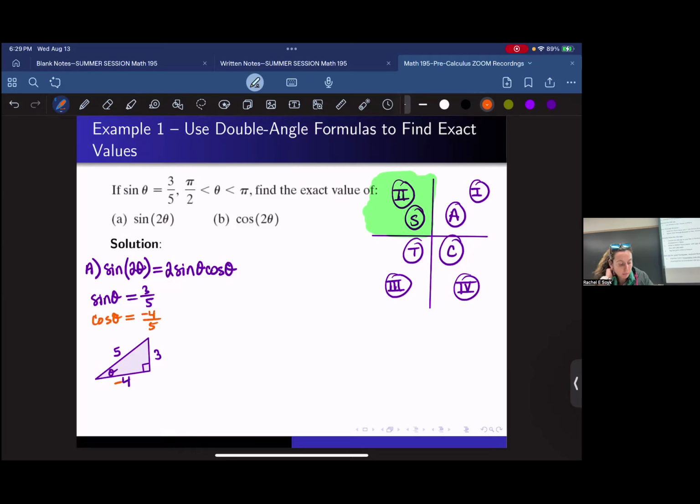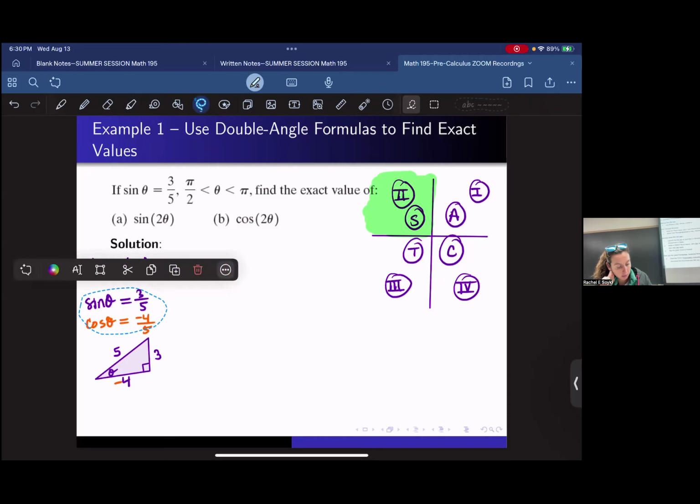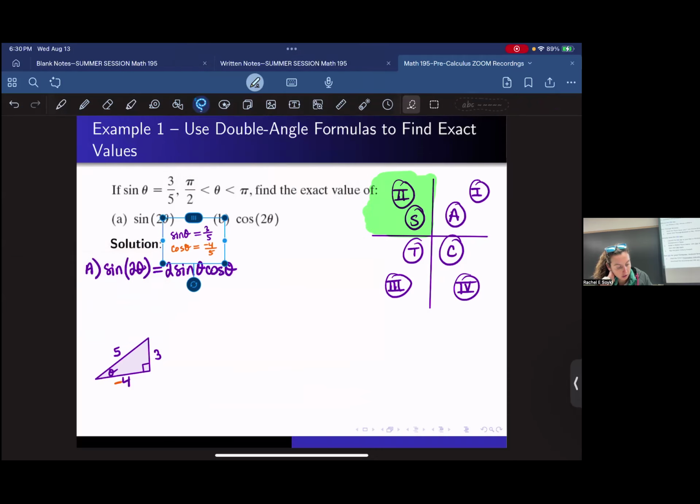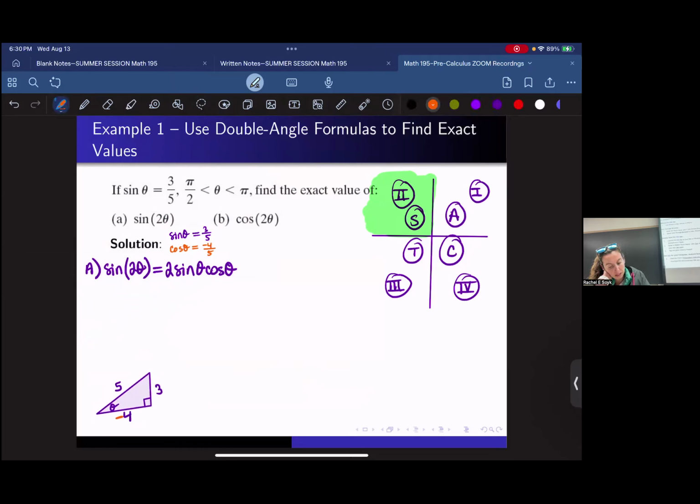Okay. So now we're going to plug in these guys. Maybe I'll put this above here so we can use it for both A and B. I'll bring this down here. And so when we plug in, we end up with 2 in parentheses, 3/5, close parentheses, in parentheses, negative 4/5.